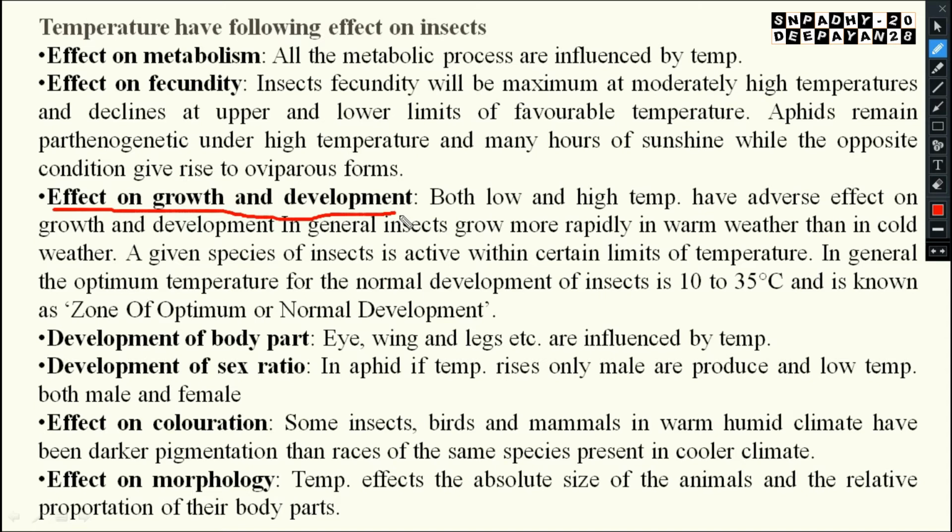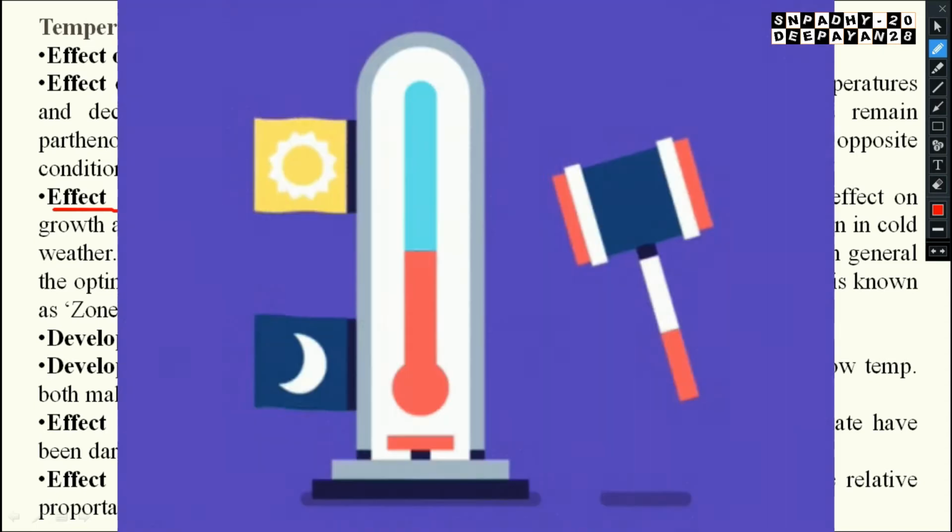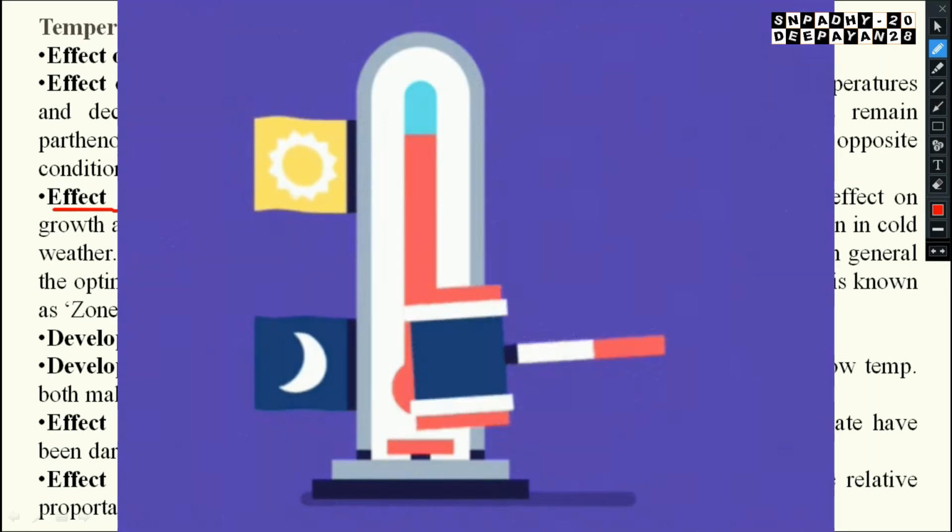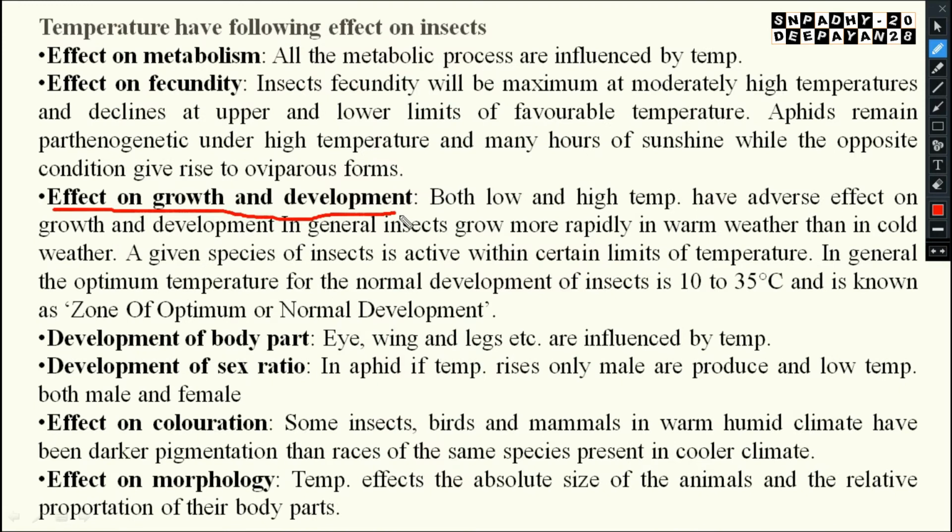If very low temperature or very high temperature, both these extremities have adverse effect on the growth and development of insects. In general, in regions like tropical and subtropical, where warm weather is there, the growth and development are more rapid as compared to cold weather regions.